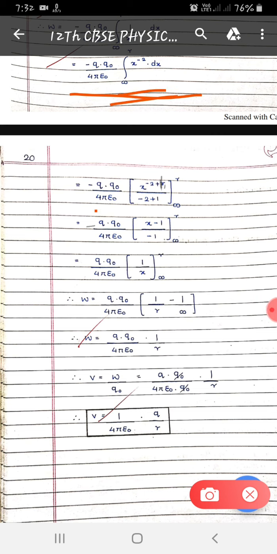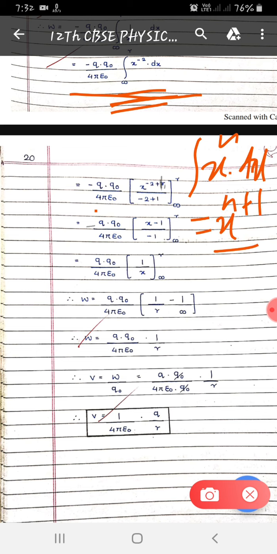If you integrate this, we know the simple rule of integration: the integration of x raised to n dx is always x raised to n plus 1 divided by n plus 1. Many times you have done this. So remember this rule.